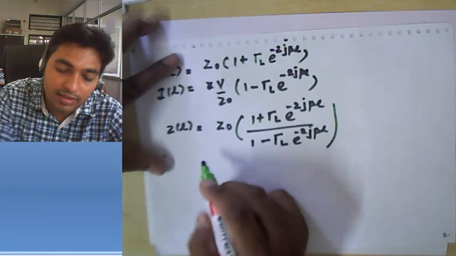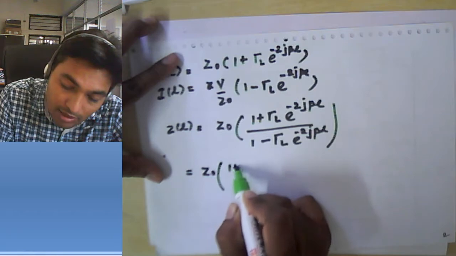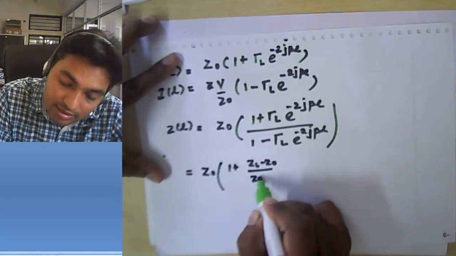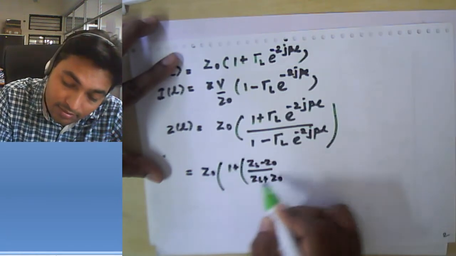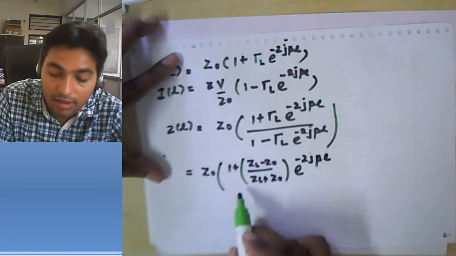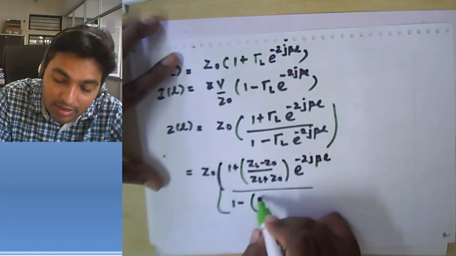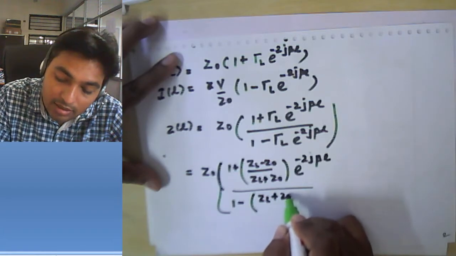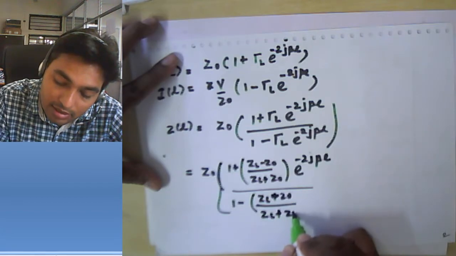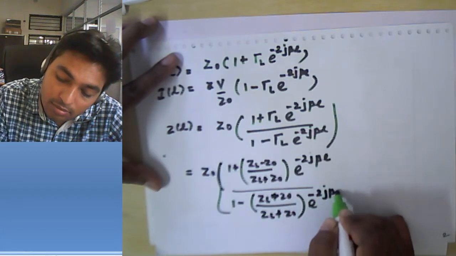So we'll modify it: Z0 times 1 plus, we'll substitute here, ZL minus Z0 divided by ZL plus Z0 into e raised to minus 2j beta L, divided by 1 minus, once again we will substitute here, ZL minus Z0 divided by ZL plus Z0 e raised to minus 2j beta L.